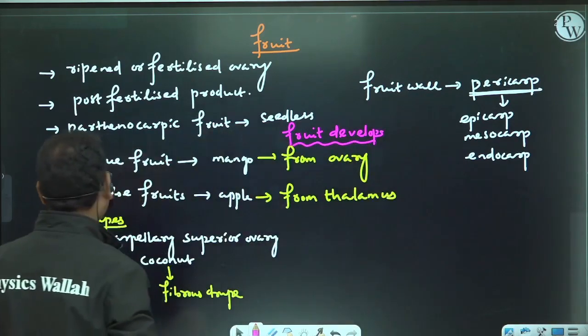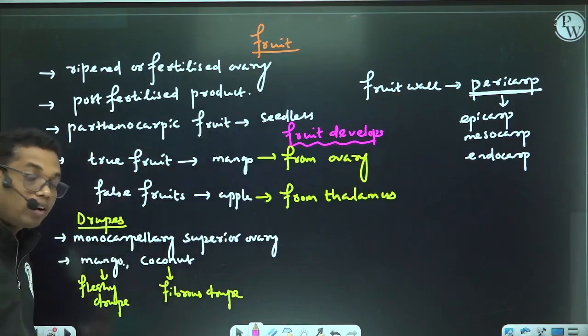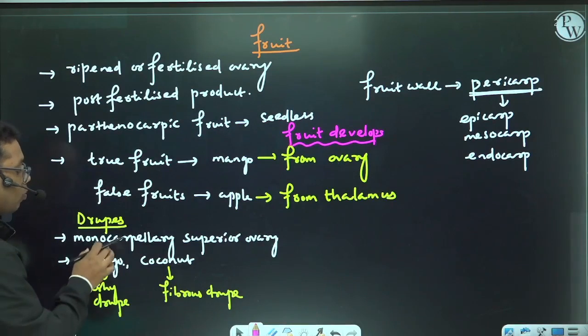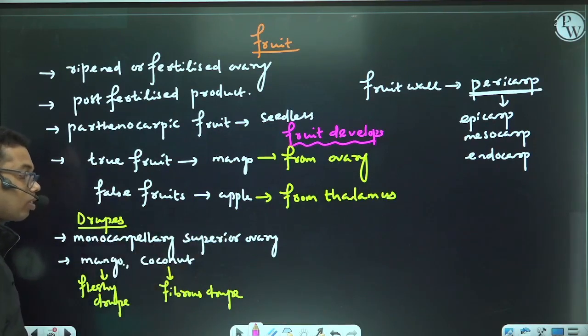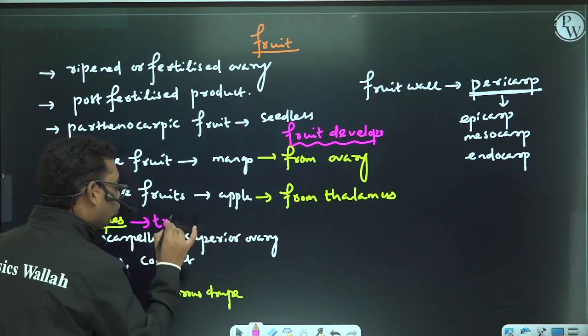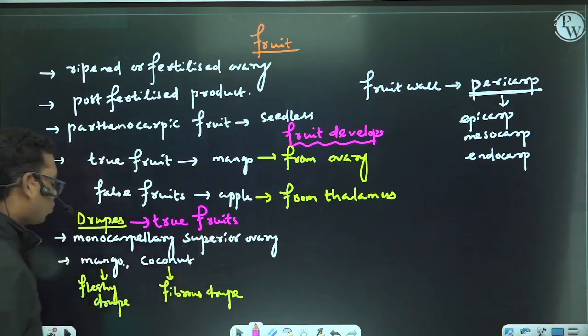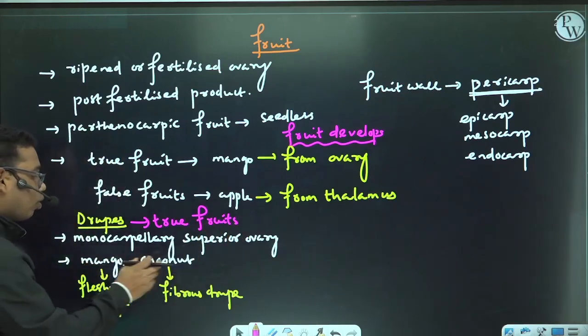Now let us talk about a special fruit called drupe. Drupes are those fruits which develop from monocarpellary superior ovary. Because they develop from the ovary, these drupes are true fruits. The examples are mango and coconut.